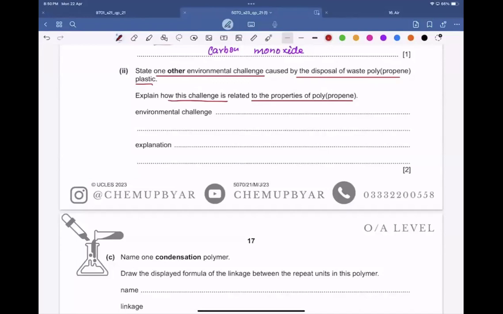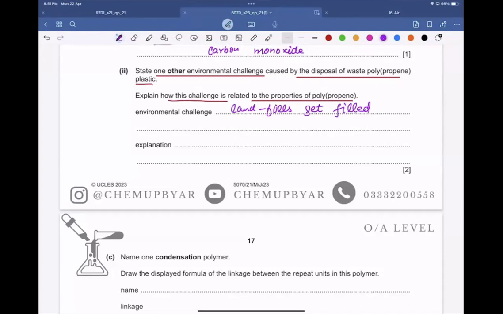One environmental challenge is, if we are not burning, because they have discussed the burning, we have to discuss any other side. Yes, the landfilling problems. If you dispose of them by putting them in landfills, the landfills get filled, and then we have no other place.